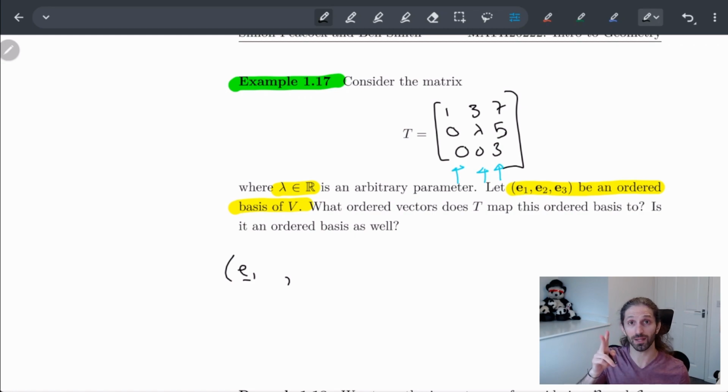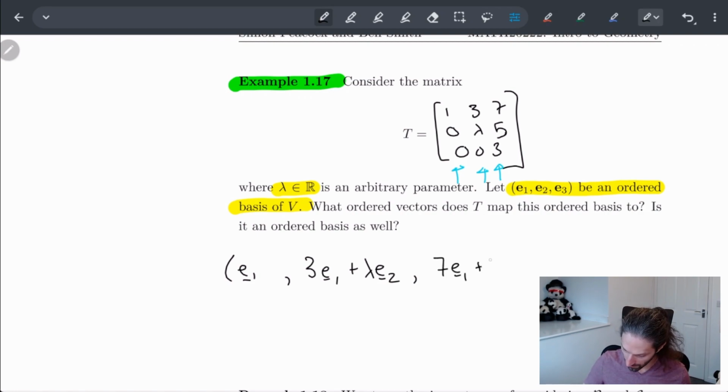Now the second basis element: we have 3 E1 plus lambda E2, and there's nothing in E3, so we leave it alone. That's the second basis element. The third one is 7 E1 plus 5 E2 plus 3 E3.